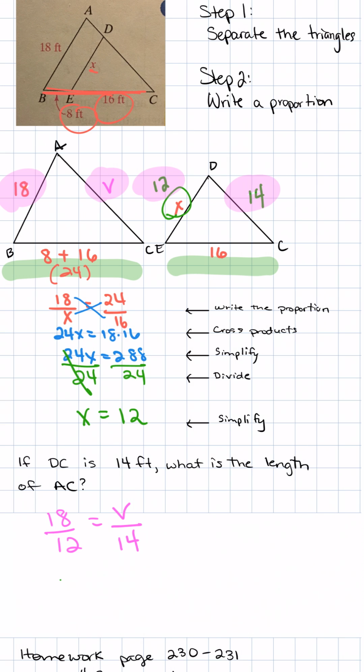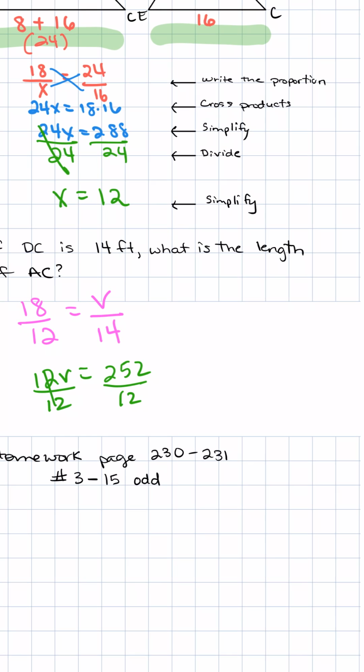So we have 12V equals 14 times 18, which is 252. Get V by itself, so divide by 12. And therefore V equals 21.